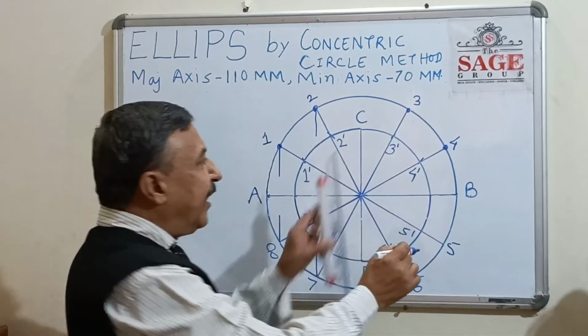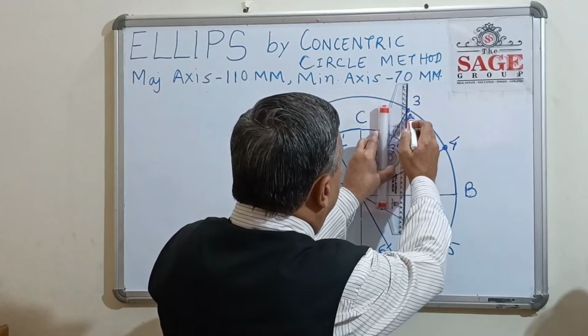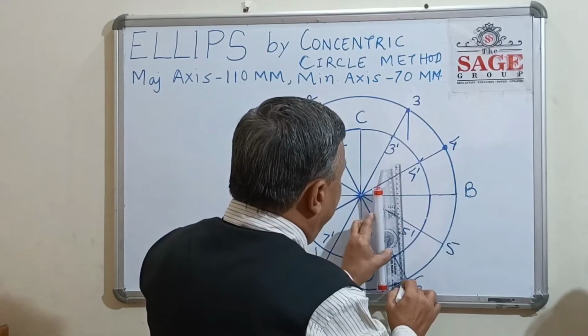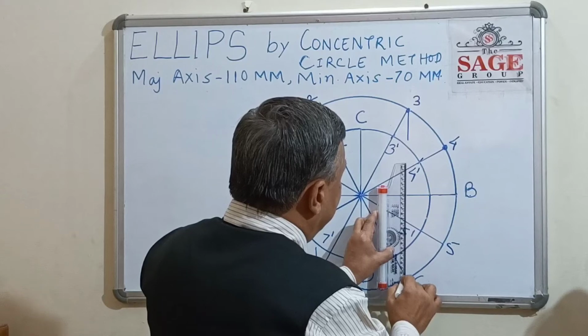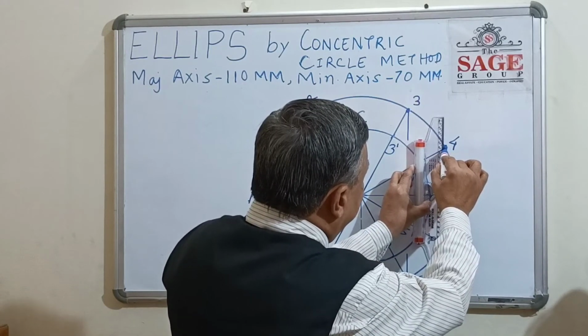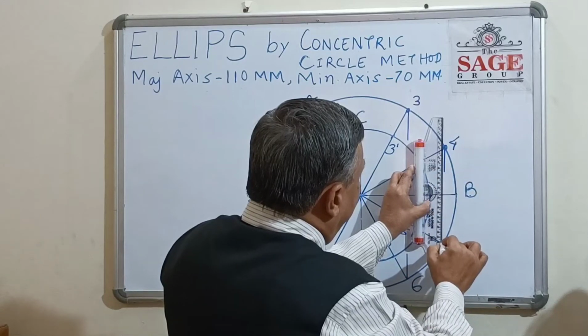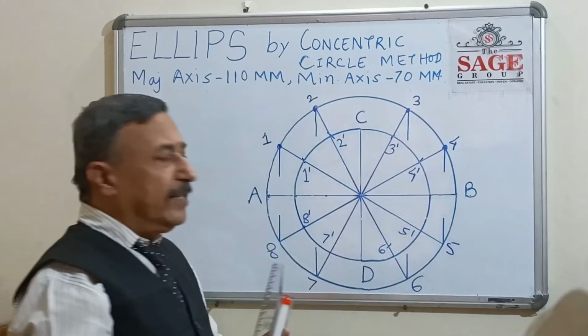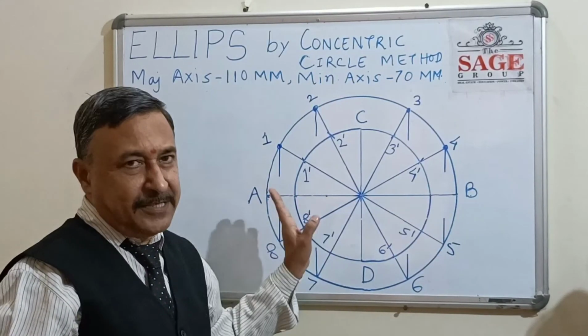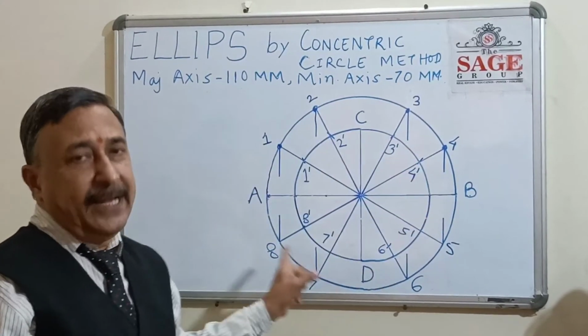Similarly, that side also: downward direction, upward direction, downward direction, and upward direction, like this. Means in 4 strokes, I have drawn all 8 lines.